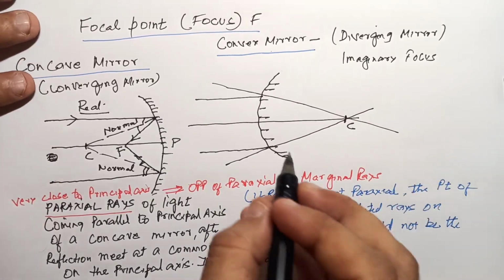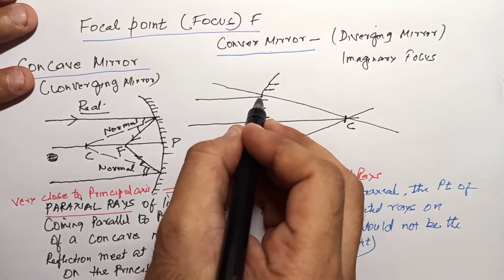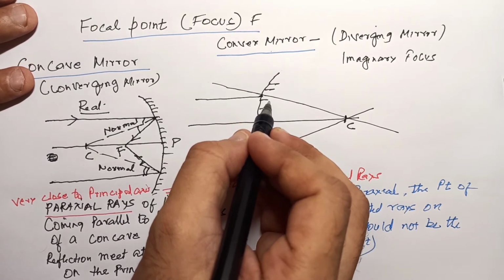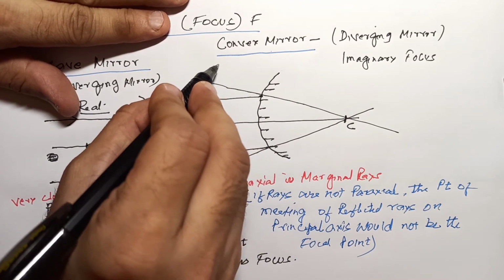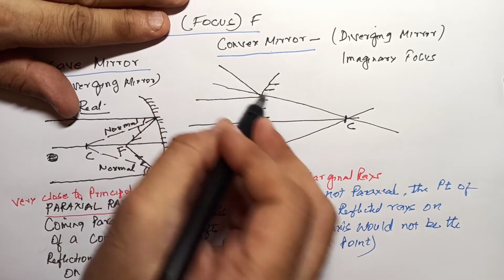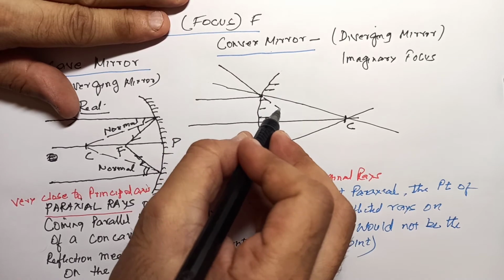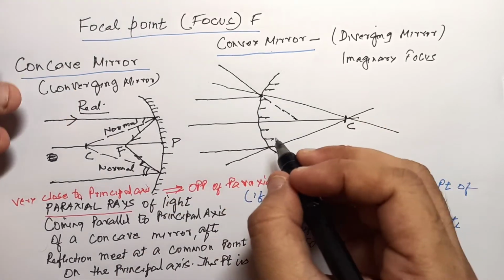Now after this the rays would be deflected somewhere here, but they will appear to meet at the back.